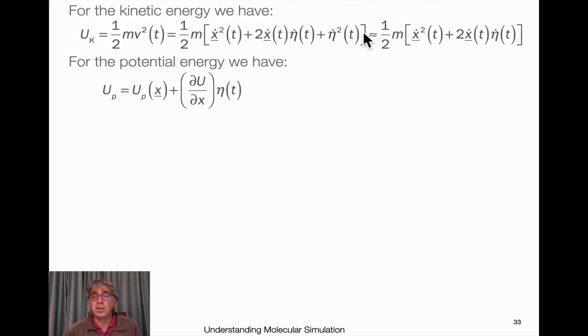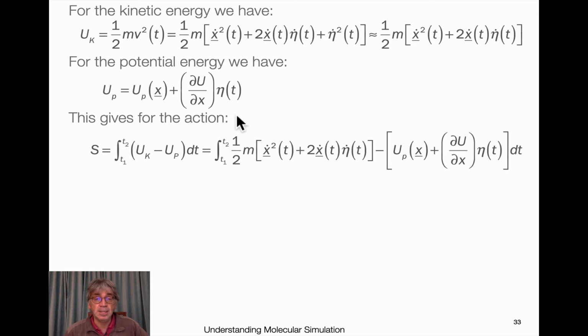We assume that this term is small, so we approximate it by this. And for the potential energy, we also assume that we have the potential energy associated with the true path and a deviation from that, where we have the eta.